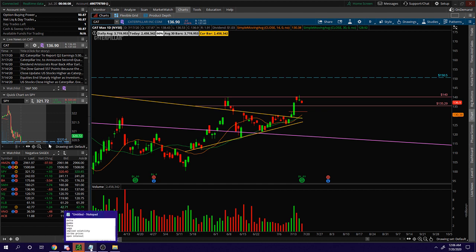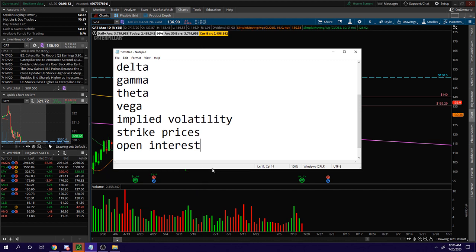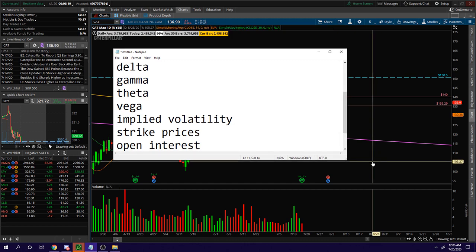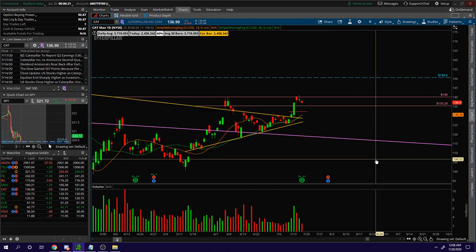But when you buy a call or buy a put, a long call or a long put, it's giving you the right, but not the obligation, to exercise that contract.